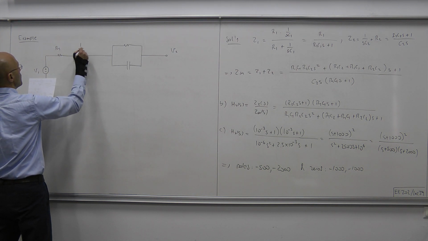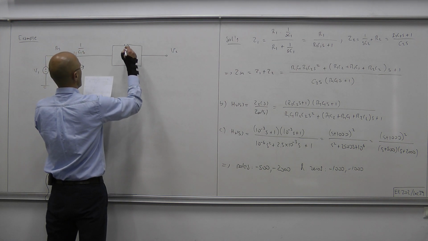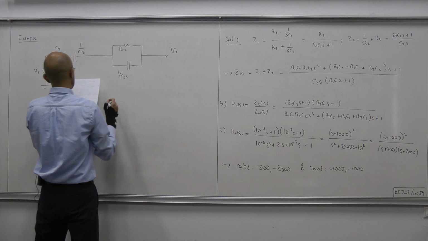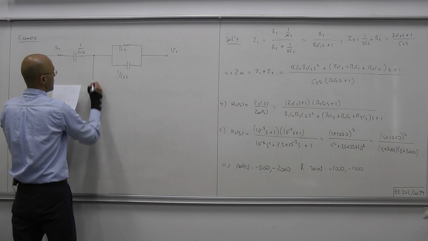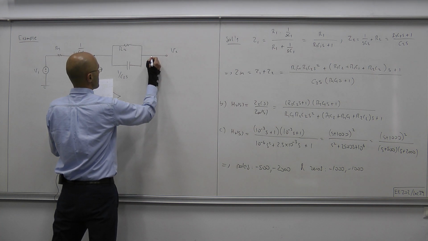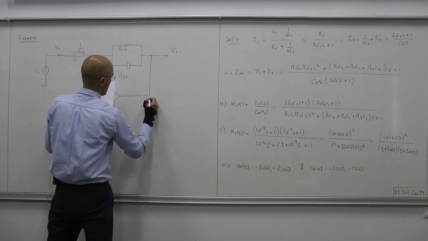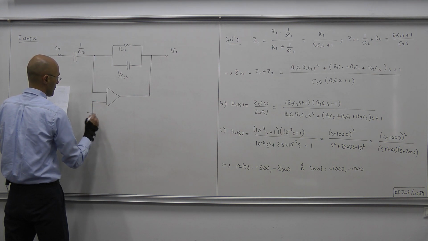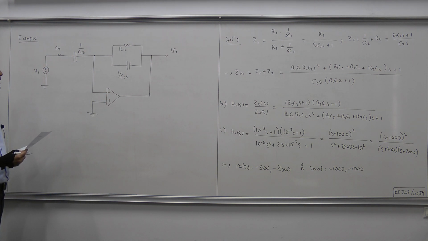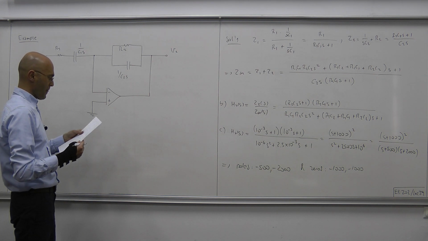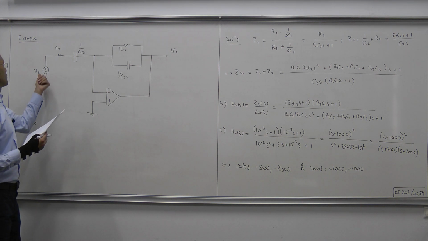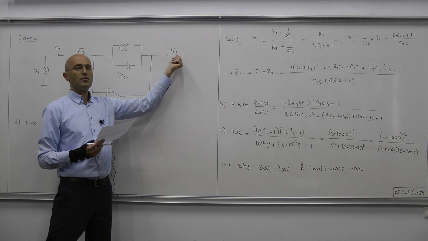R1, 1 over C1S, R2, and 1 over C2S. And the op-amp enters the picture in the following way. Minus, plus.